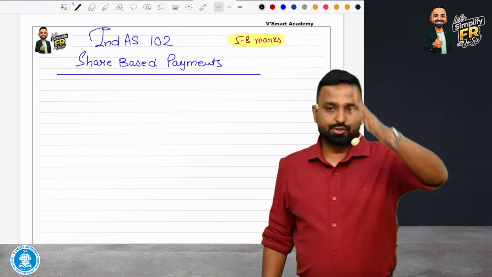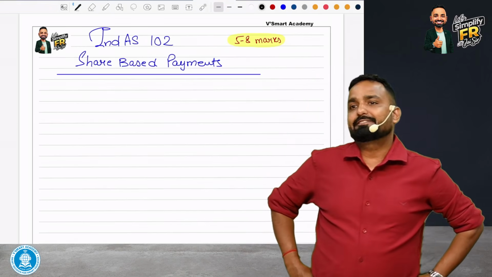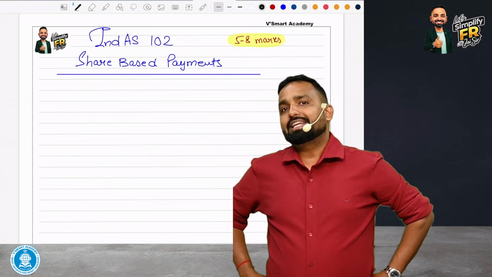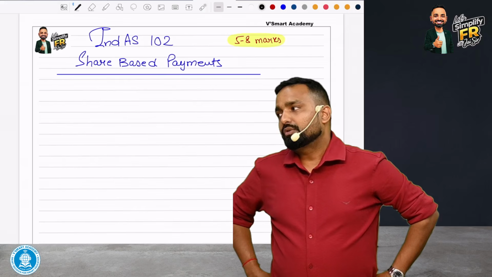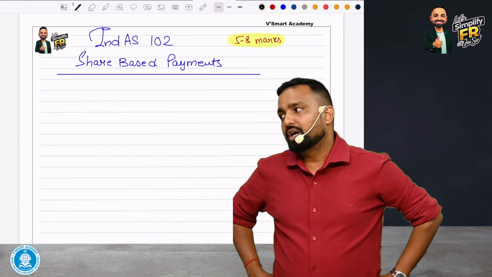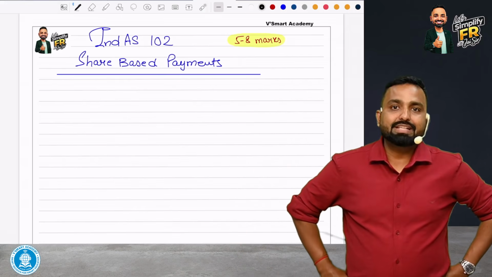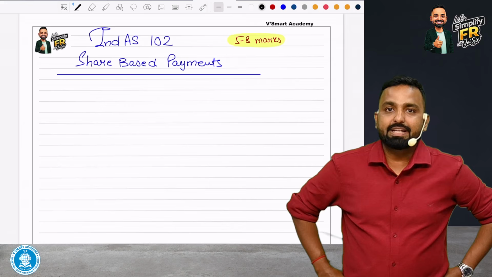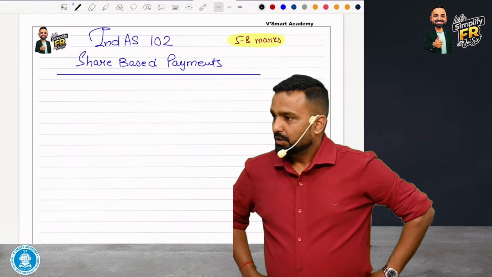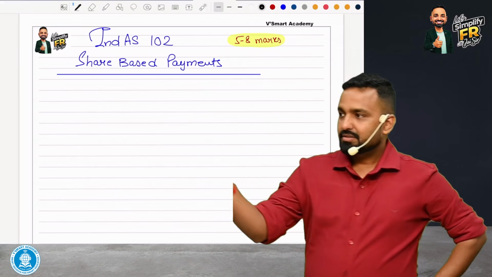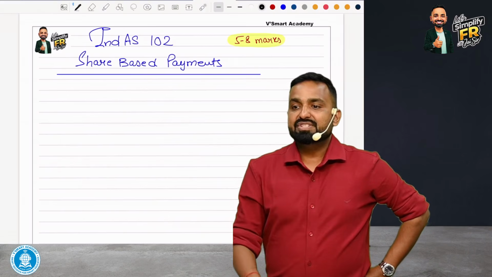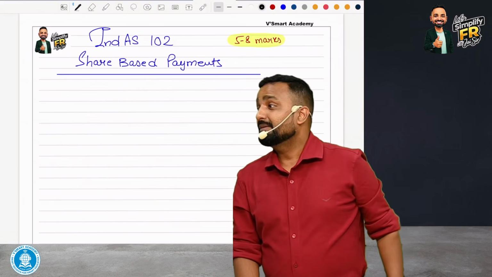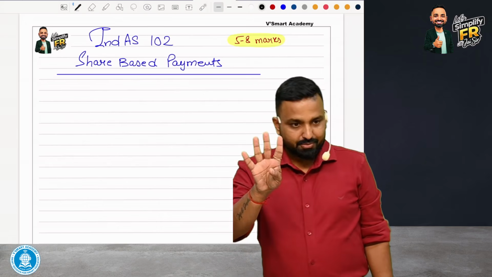Now suppose you fulfilled the condition on 31st March 29. What was the grant date in my example? 1st April 26. And what is the vesting date? 31st March 29. Tell me, how much period is this? It becomes the vesting period. 4 terms we have understood.